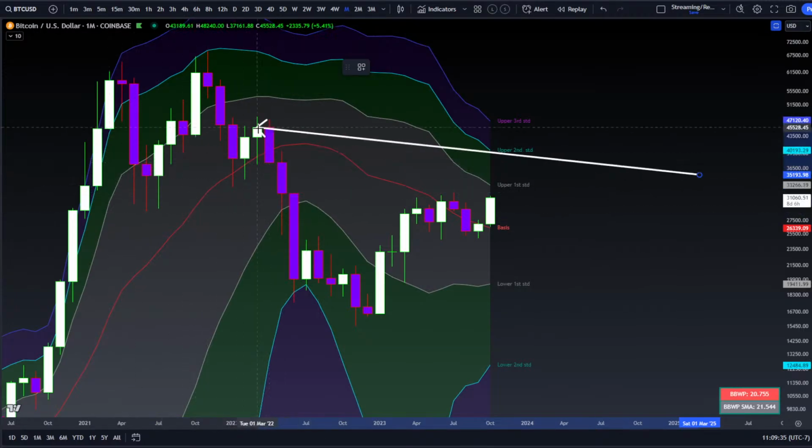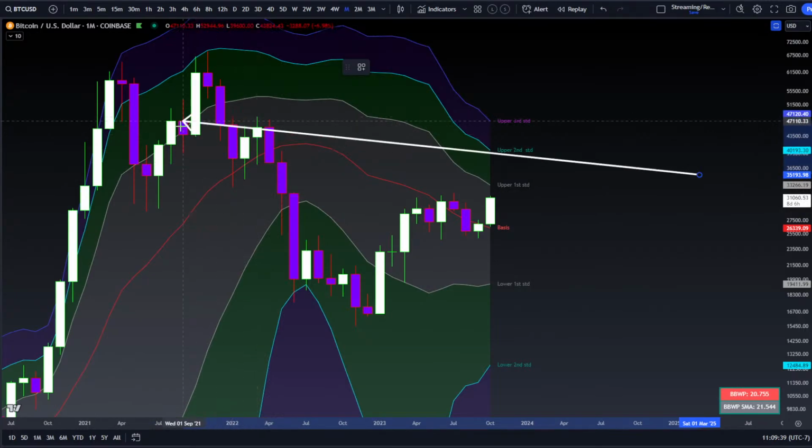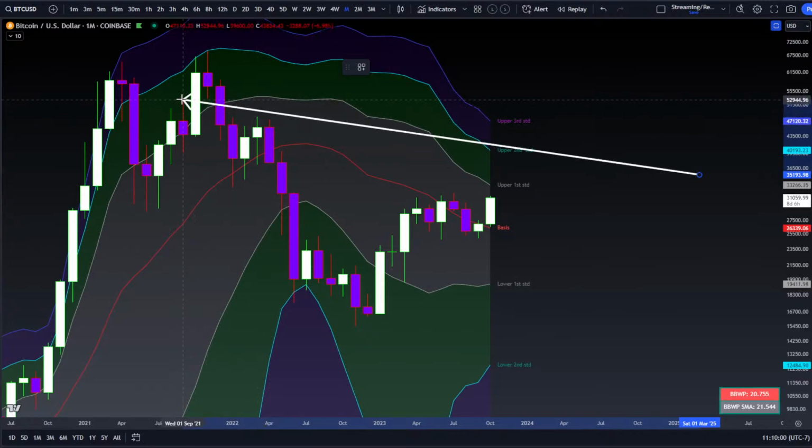We start targeting the highs here at 45,000 to the wick high. Well, technically, you've got 45,000 to 47,000. So the two closes up here. So 45 and then 47 on this particular close open from August to September of 2021. And then we look to the wick highs here at 48,200. And then we start picking out the wicks again.